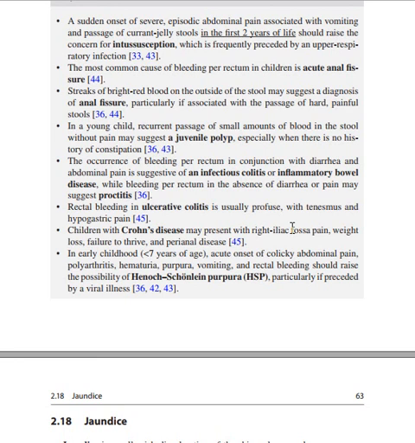You need to know that it is among the vasculitis disorders, a connective tissue disease. So polyarthritis, hematuria and purpura associated with abdominal pain, vomiting and rectal bleeding is Henoch-Schönlein purpura.